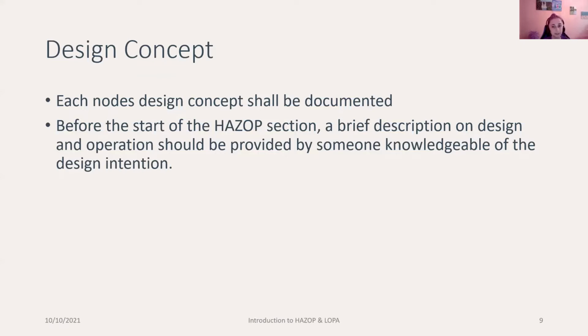Most of the time, this is done by the process engineers, and this shall also be recorded in the worksheet itself. There will be a separate section in the worksheet where you will need to put all this data down.